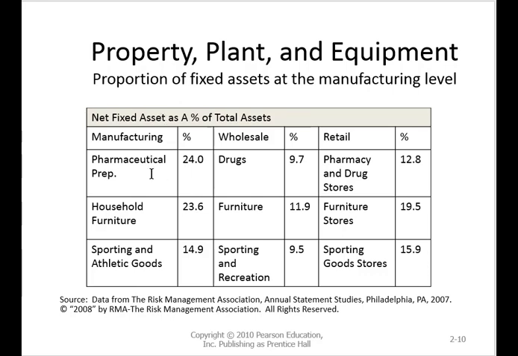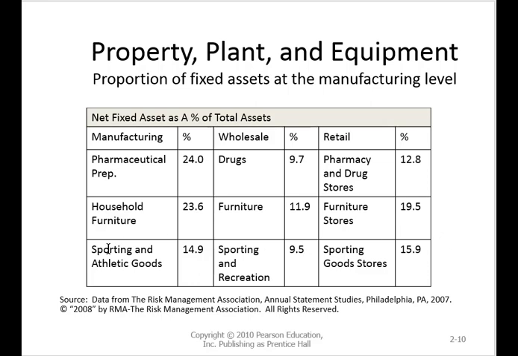fixed assets for a particular industry. And you can see here that for pharmaceutical preparations, right, 24% of the assets are plant and equipment. 23.6% is household furniture. On the other hand, drugstore, right, the wholesale drug industry is 9.7%. Retail pharmacy size, 12.8%.